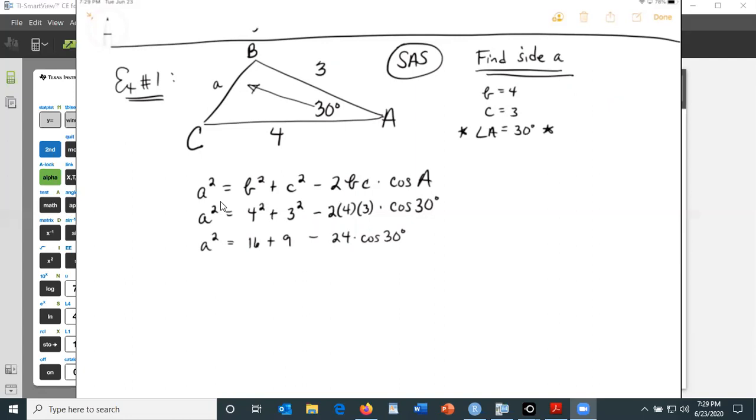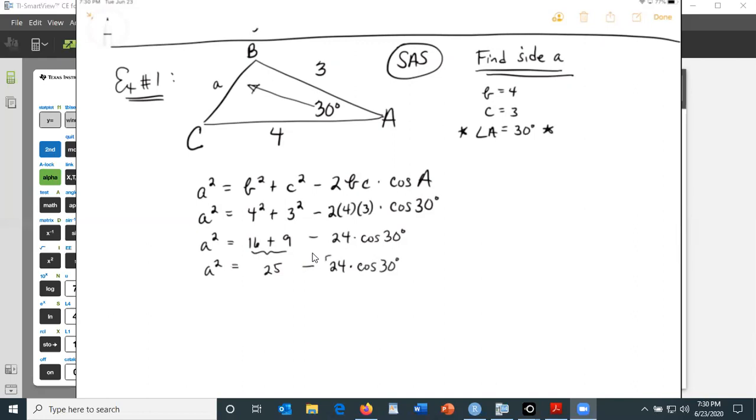And I don't have to go too much further with this because I get a squared equals, well, that's 25 minus 24 times the cosine of 30. And at this point, I can't simplify anymore by hand. I can't do 25 minus 24. You can't make that a 1. Why?